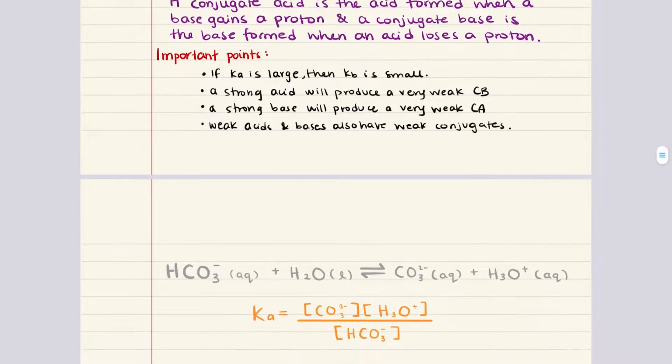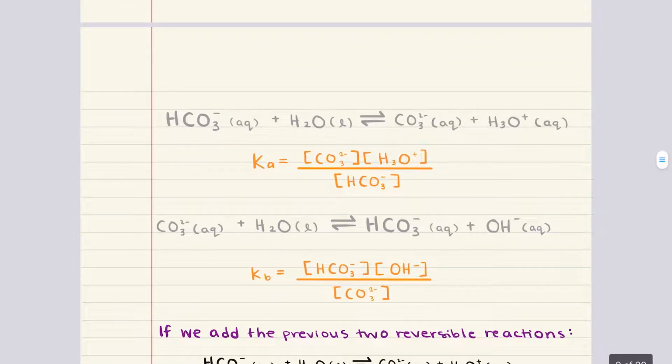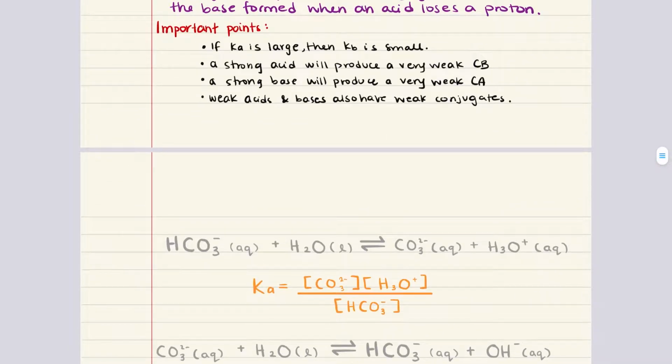So conjugate acid-base pairs consist of two species that transform into each other by the gain or loss of a proton. Now, some simple general principles to keep in mind are the formation of a conjugate pair. Every acid has a conjugate base that's formed by the loss of a proton, and every base has a conjugate acid that's formed by the gain of a proton.